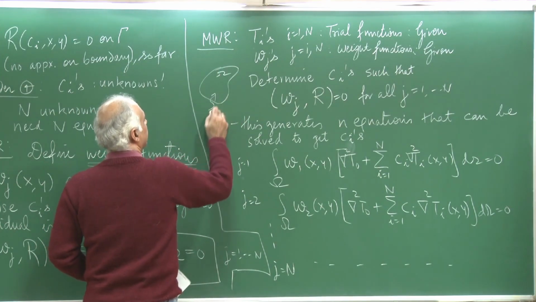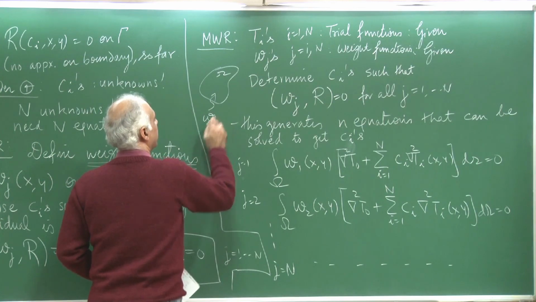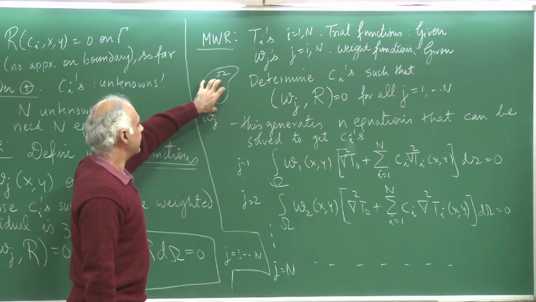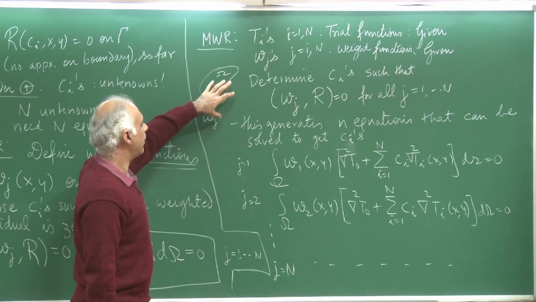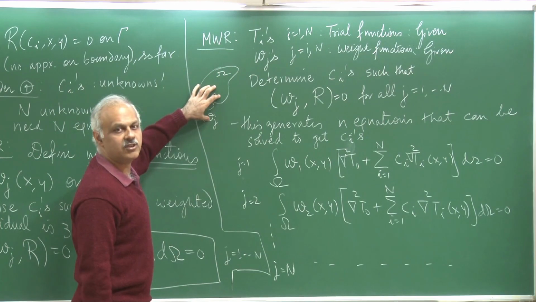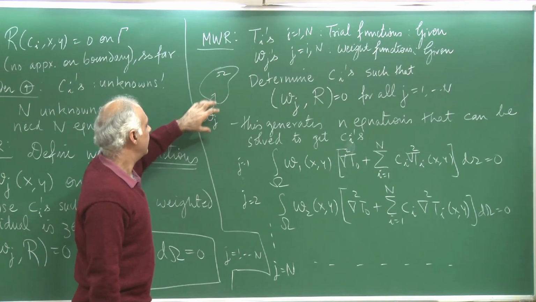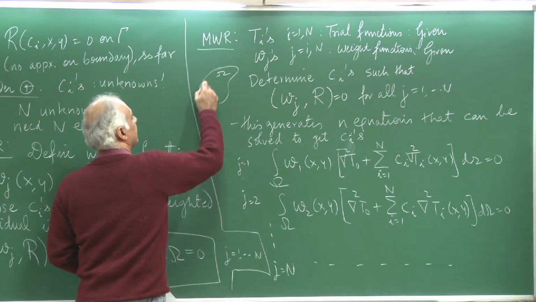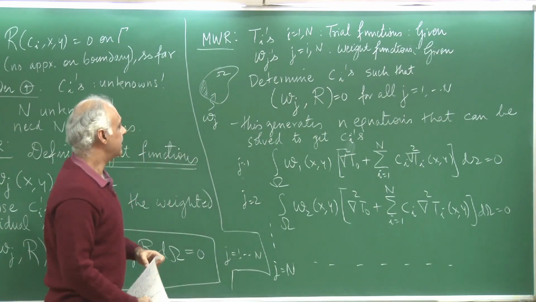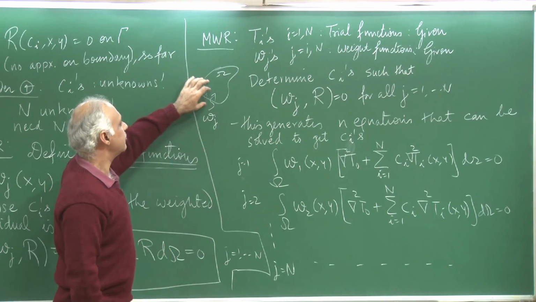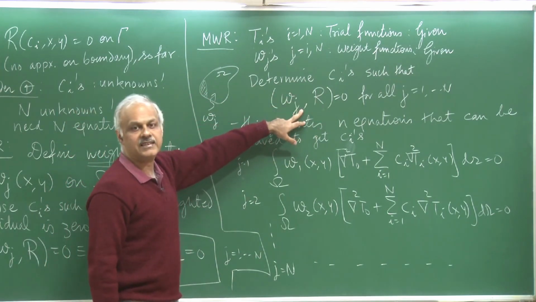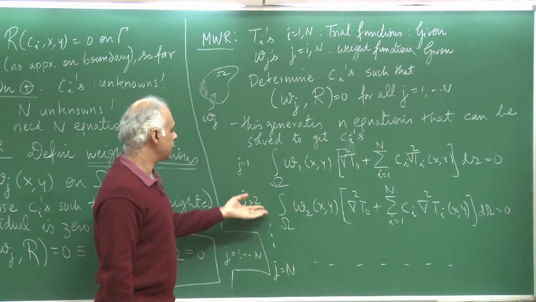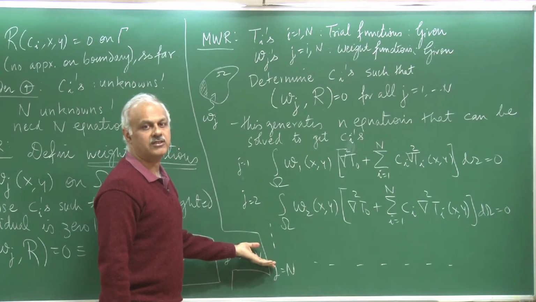I will define a Wj on it, and then I will say that not just the average error is 0, but the weighted error is 0. So I may decide, for example, that this part of the error has more weightage than the remaining part, and therefore this is the statement that says the weighted error is 0. And then I do it for another function 2, then I do it for another function 3, and so forth. Okay.